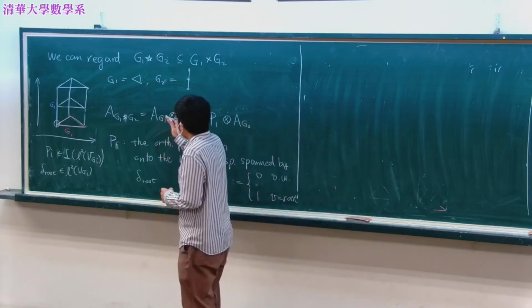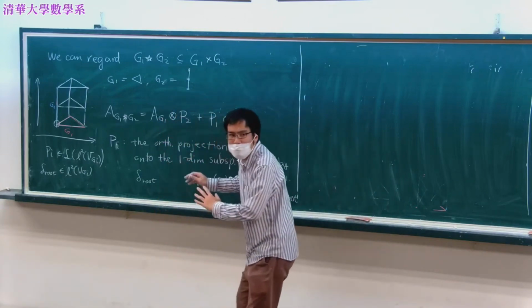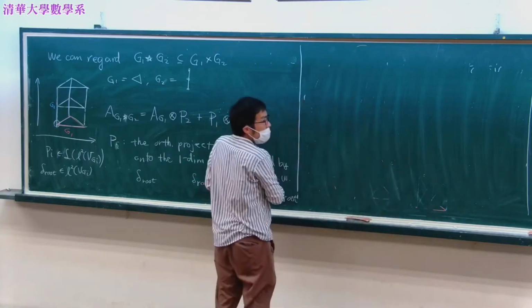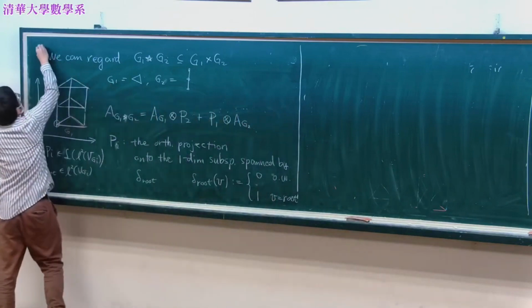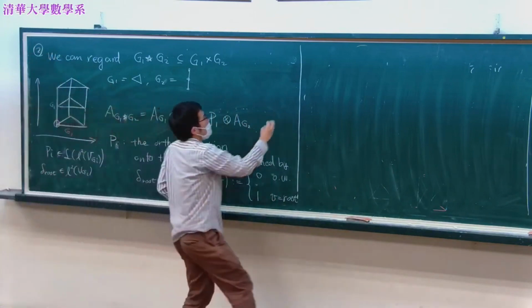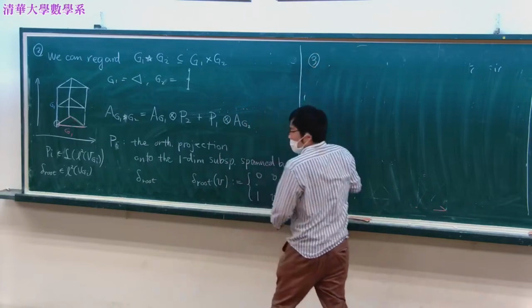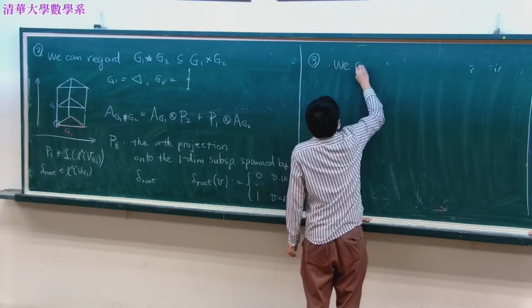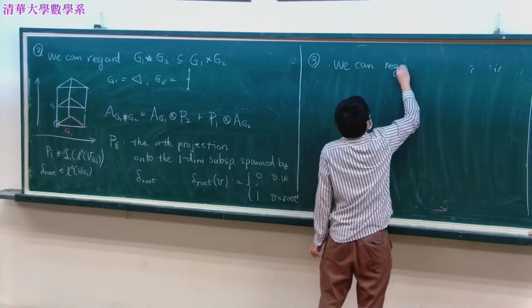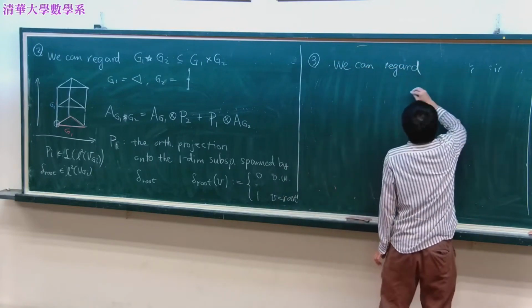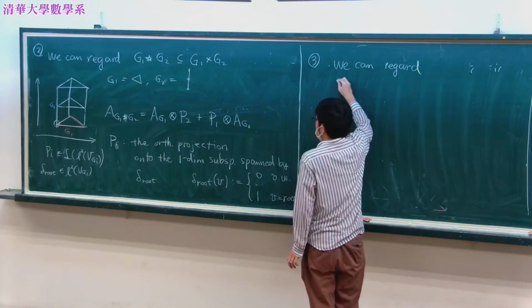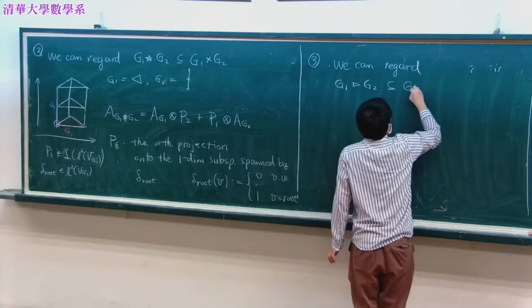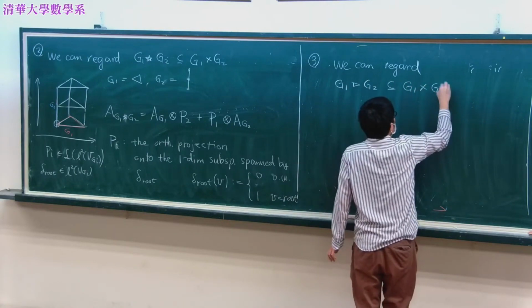Okay, so for the third product, the cone product, again, we can regard the cone product of G1, G2 as a subgraph of the Cartesian product of G1, G2.